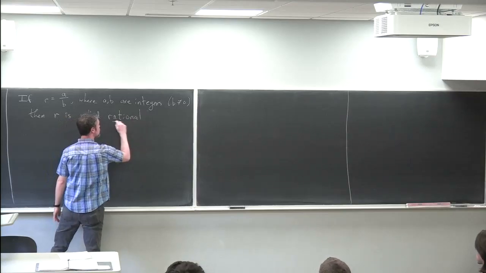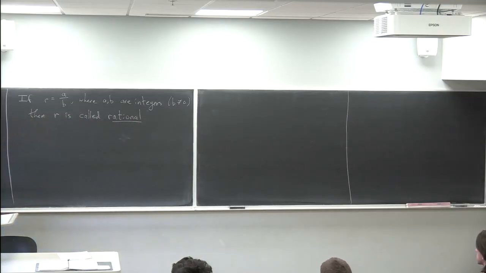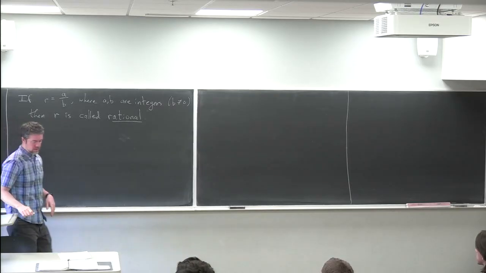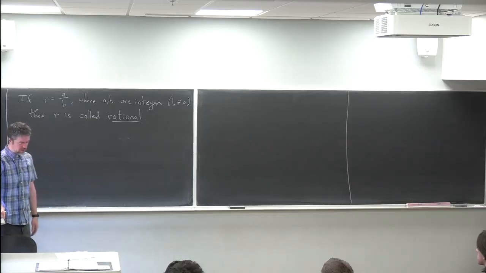So rational numbers are quotients of two integers, and we'll do some things today. We'll prove certain things are irrational.